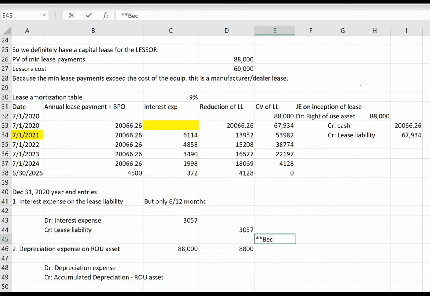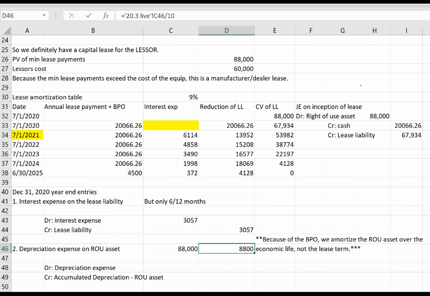Because of the BPO, we amortize the right of use asset over the economic life, not the lease term. Okay, and that's a really important thing to remember. So we're actually amortizing this over 10 years.